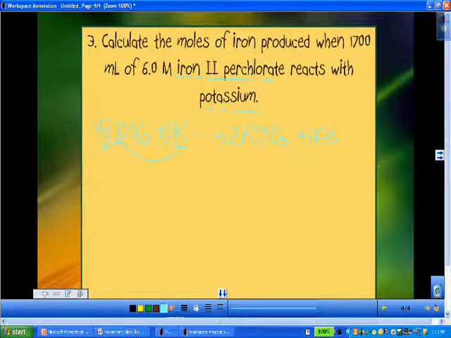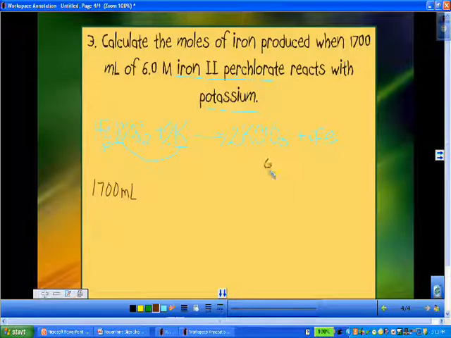So the equation is balanced, and now all we need to do is the setup. But this time we're not using 22.4 liters in 1 mole. We're going to use our molarity that is given to us. So let's look at what we have started with. We're given 1,700 milliliters. Now remember I said molarity can be used as a conversion factor.